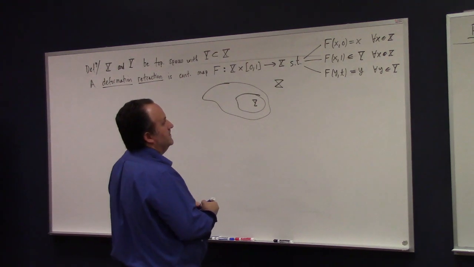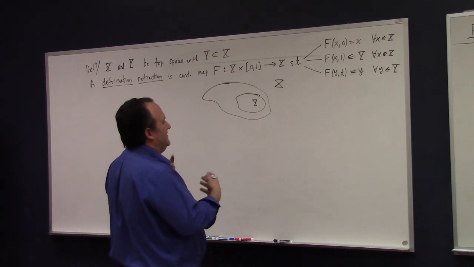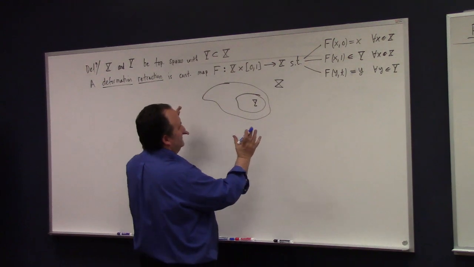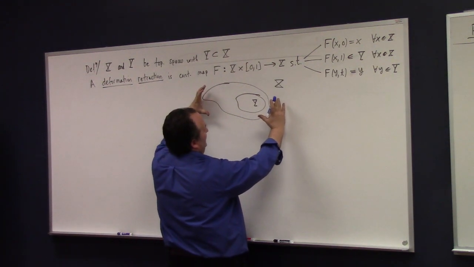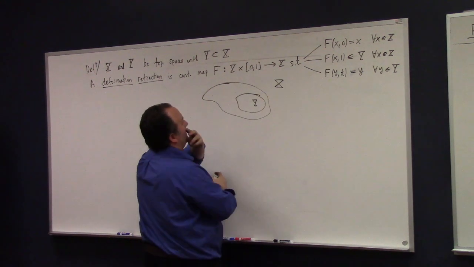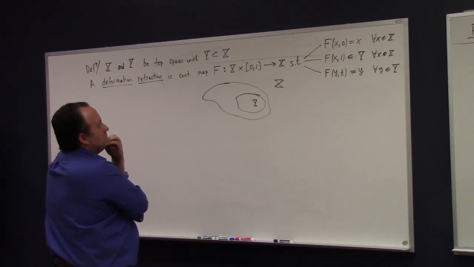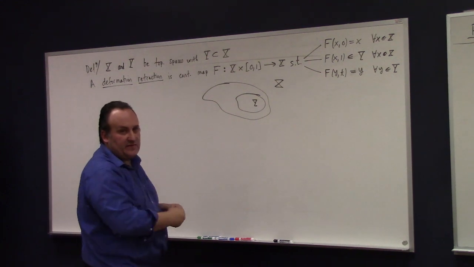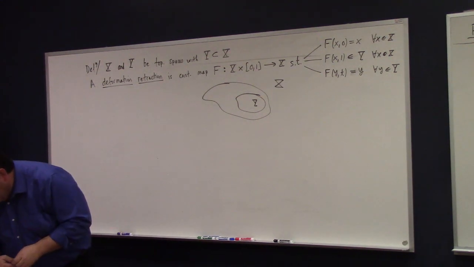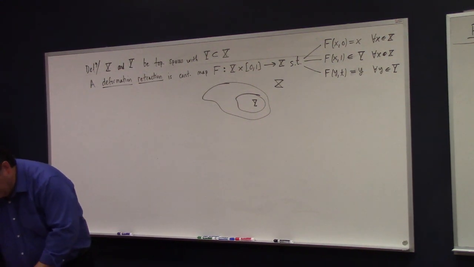It's hard to picture f directly, but I sort of think of f as shrinking x down to y. But this is a deformation retract. And so here's the proposition.